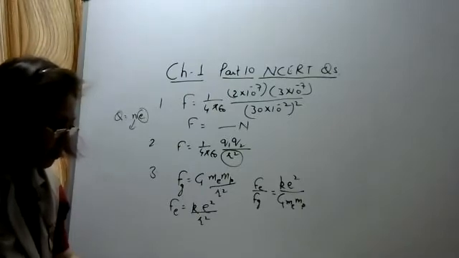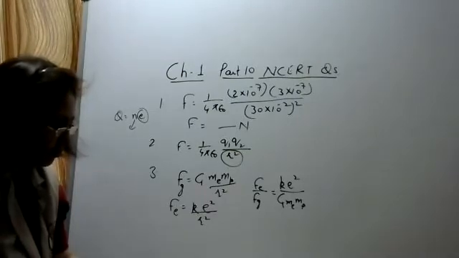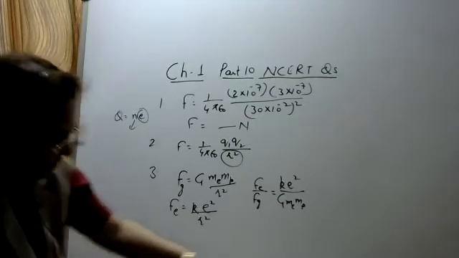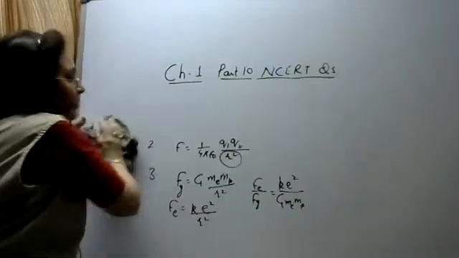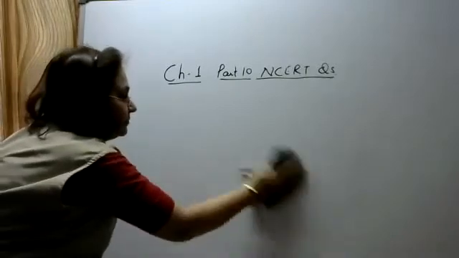Question number 6. Four point charges are located at the corners of a square ABCD of side 10 centimeter. What is the force on a charge of 1 microcoulomb placed at the center of the square? Let's draw the figure.